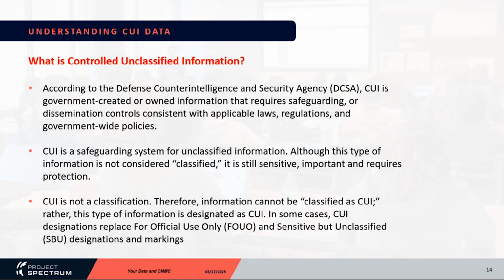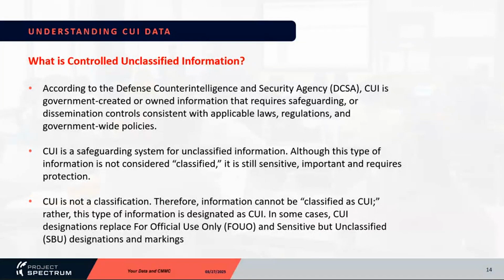Now, let's jump over to the other side of the alphabet soup, which is CUI, Controlled Unclassified Information. I remember one of our old cyber advisors used to call this by a different pronunciation. I think some people still do, but I just refer to it as CUI. Now, according to the Defense Counterintelligence and Security Agency, CUI is government-created or owned information that requires safeguarding or dissemination controls consistent with applicable laws, regulations, and government-wide policies.